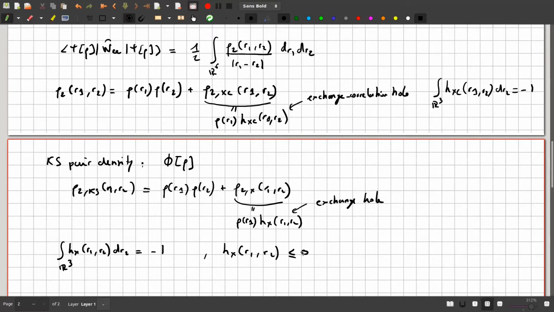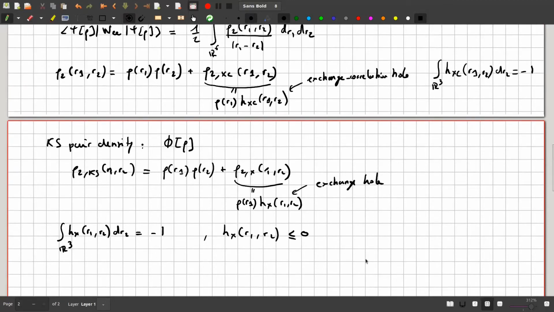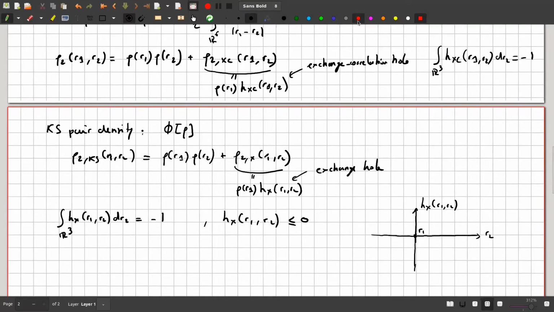And so if you plot this hole, well, it typically in a lot of systems will look like that. So if I put the coordinate of the first electron here, R1, and if I plot with respect to R2 this exchange hole, well, it will look like that.